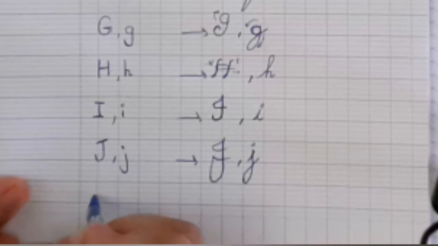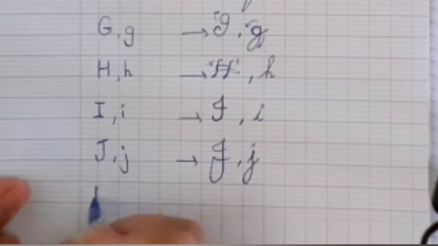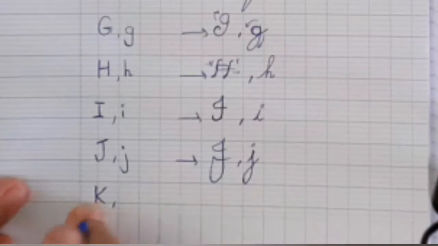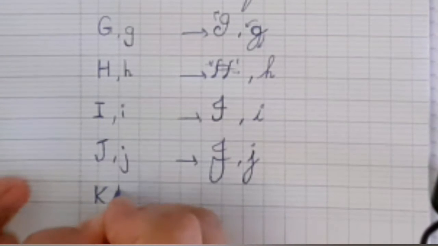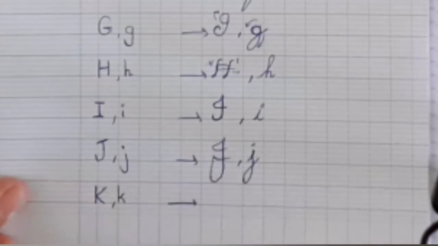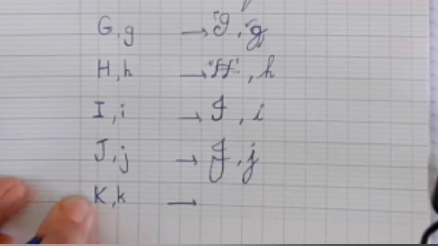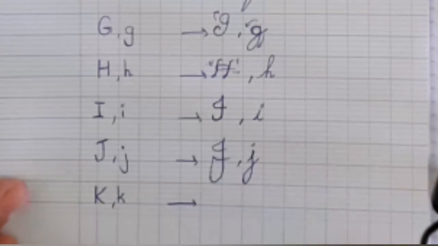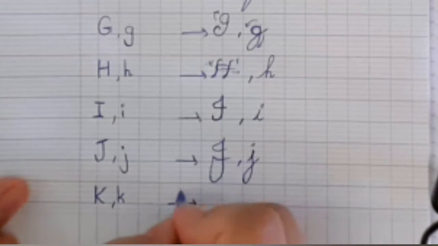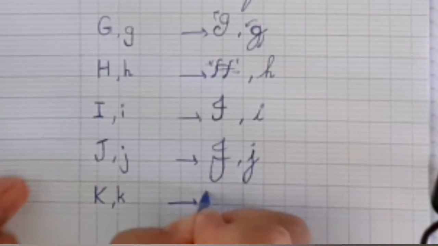now K is like that, capital letter, small letter. Okay, look. Then in cursive form it is like that.